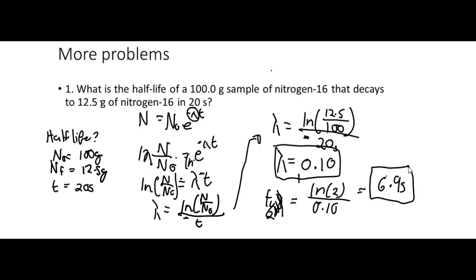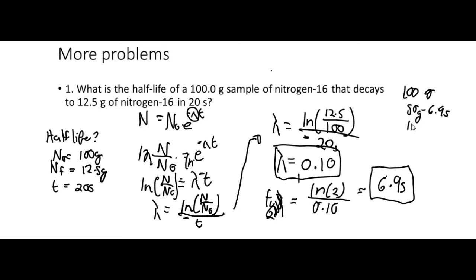All right, let's check. That would give us 6.9 seconds. So that's the half-life. So remember half-life. If this is 100 original, then after 6.9 seconds it would make it 50 grams.